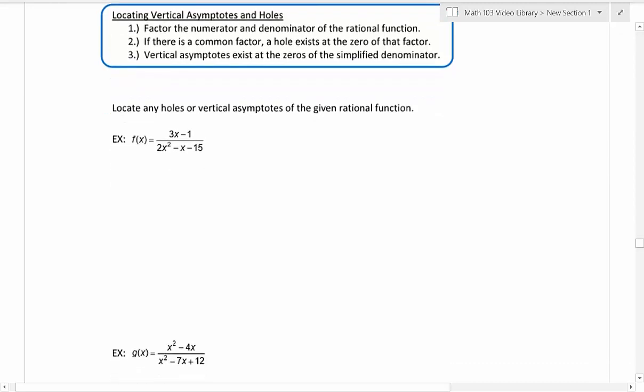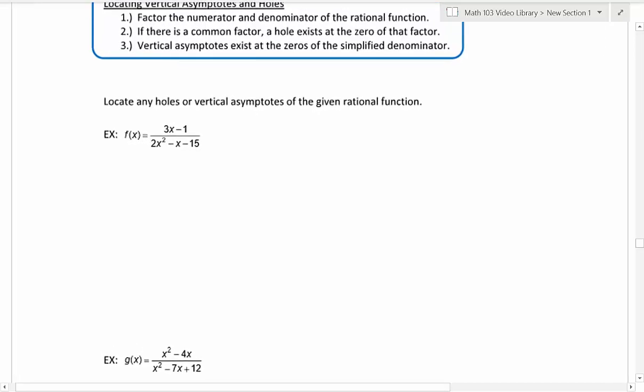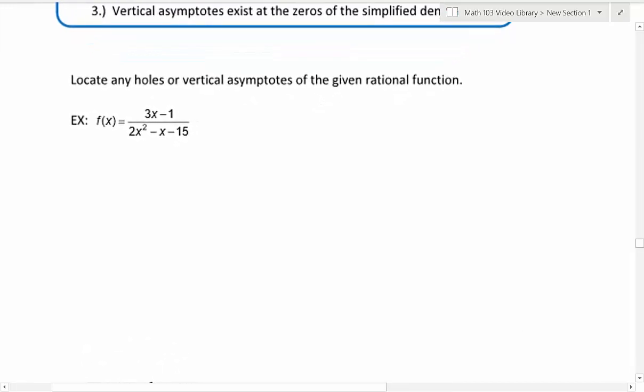Let's locate any holes or vertical asymptotes for each of the given rational functions. First up, we have f of x equals 3x minus 1 over 2x squared minus x minus 15. We'll start by factoring both the numerator and the denominator. The numerator does not factor. I like to put parentheses around it though, because it reminds me that I can either cancel that whole factor or no part of it at all.